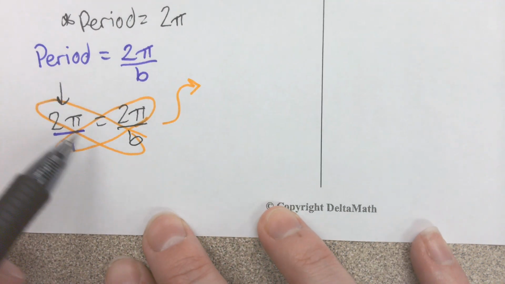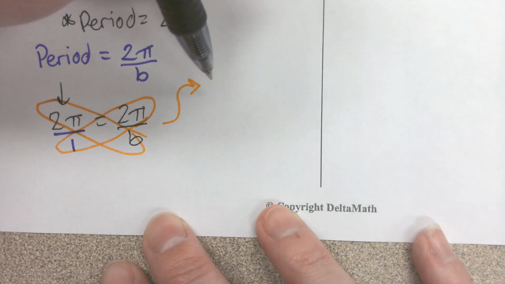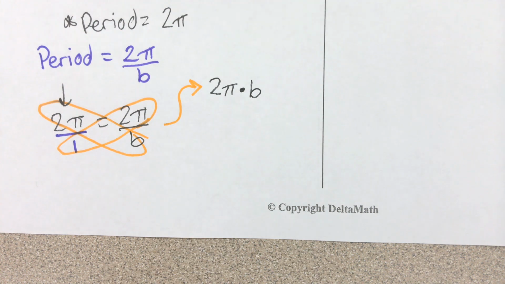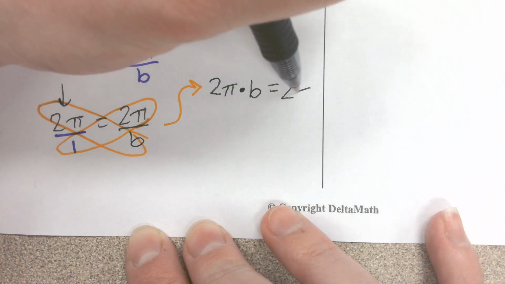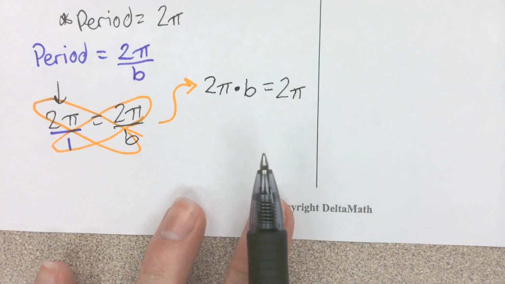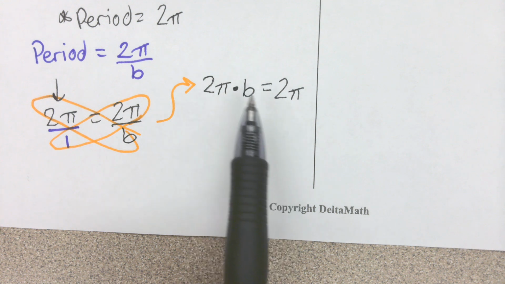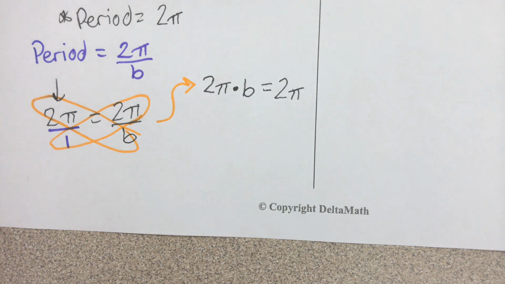So I always go left on the left side. So 2x times b. And if it helps you for your process to literally write 2x times b, do that. Equals 2 pi times 1, that's just 2 pi. As I said, make sure you get an equation. I have students who will just stack them like another fraction and go from there. That's not going to work. Make sure it's an equation.